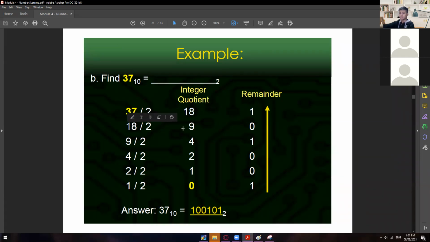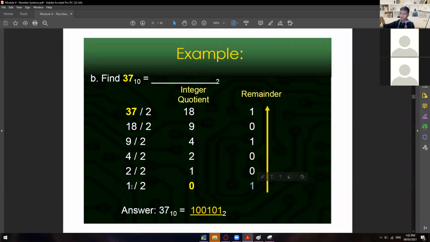18 divided by 2 is 9, so 0 remainder. And then 9 divided by 2 is 4, remainder 1. 4 divided by 2 is 2, remainder 0. 2 divided by 2 is 1, remainder 0. And then 1 divided by 2 cannot be, so just put here 0, and then remainder 1.